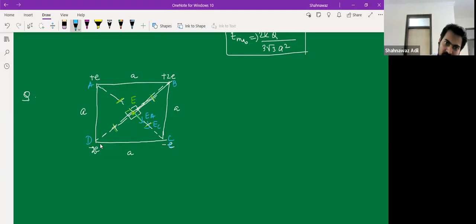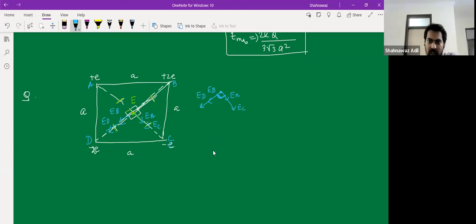Due to this plus 2e charge at point B, this would be EB. Due to this minus 2e charge, it will be attractive, so this would be EB as well. So we have this kind of effective diagram, and remember, these are perpendicular. This is EB, this is ED, this is EA, and this is EC.